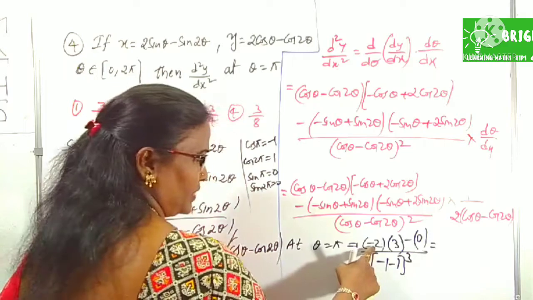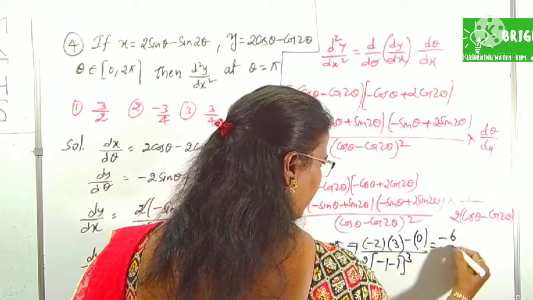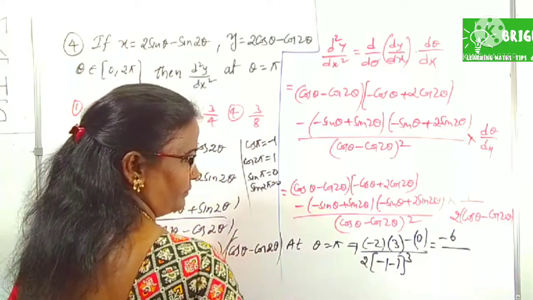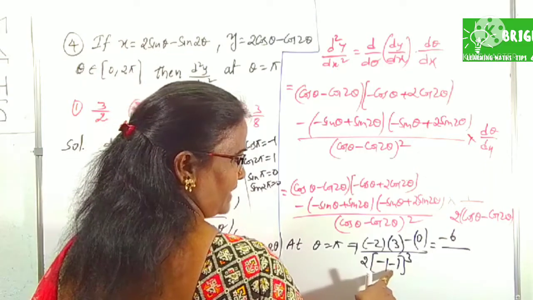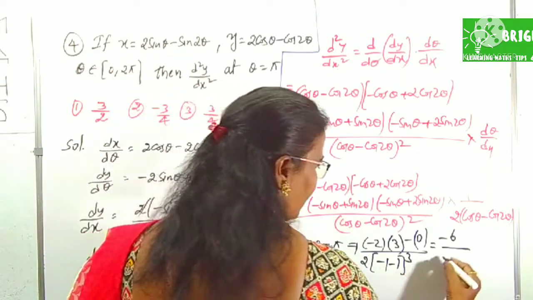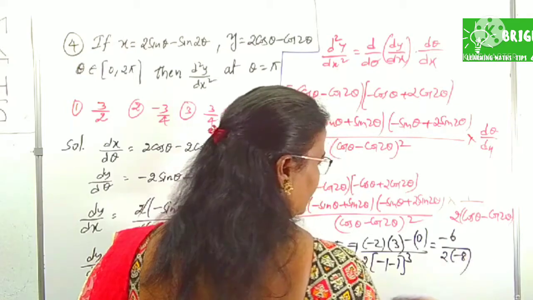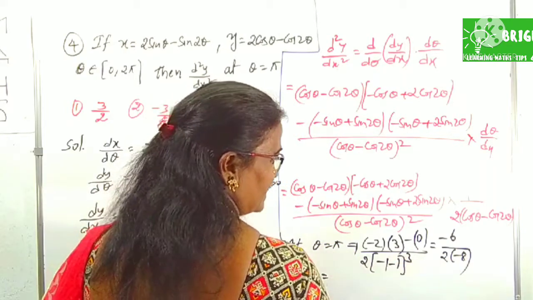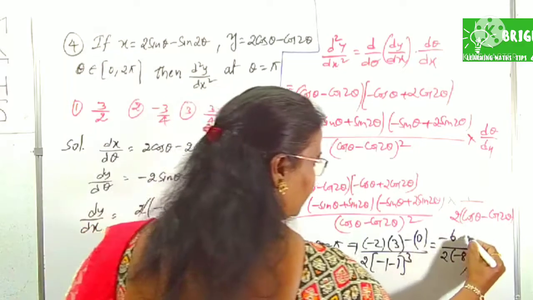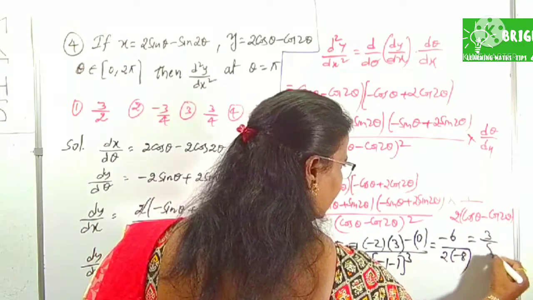You see, minus 2 into 3, minus 6 by, next step, 2 into (minus 2) whole cube is minus 8, 2 into minus 8. Right, what happened? Minus minus gets cancelled. The resultant value is clearly 3 by 8.